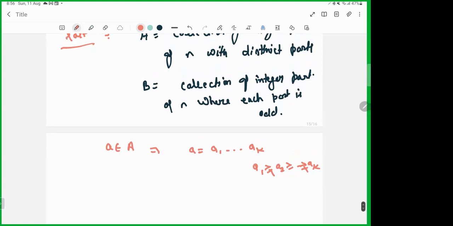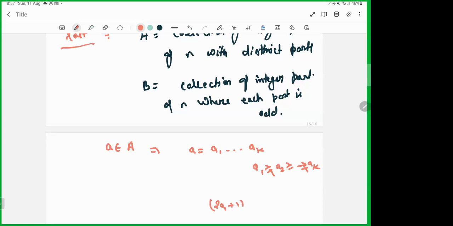That's a good hint, sir. And then if you have the odd numbers, you can also map them. I gave you an element of A, then you give me some element of B. How will you give? I will give 2a plus 1. So 2a1 plus 1, that will be odd.